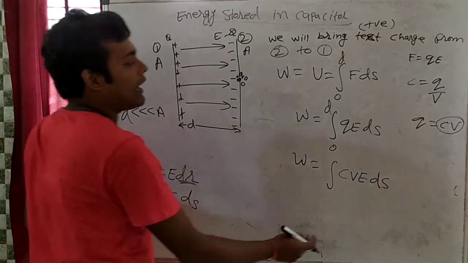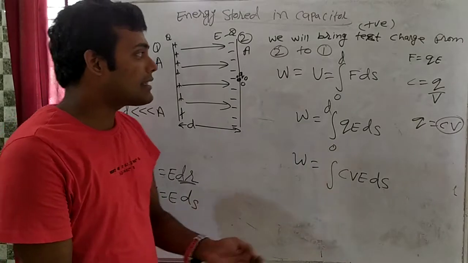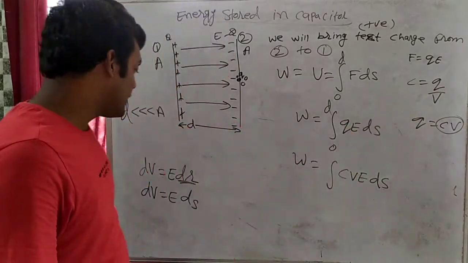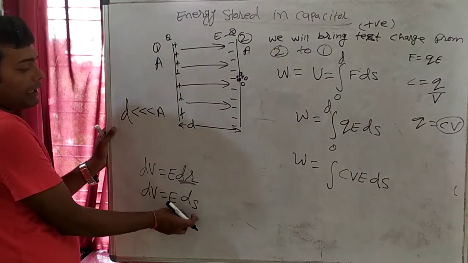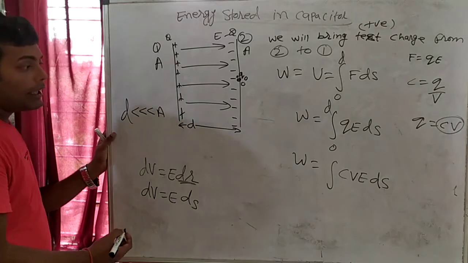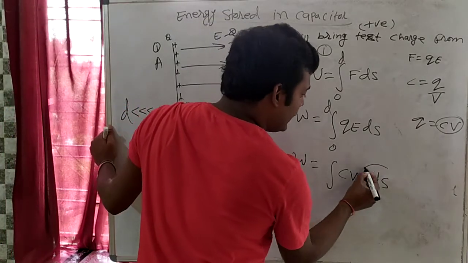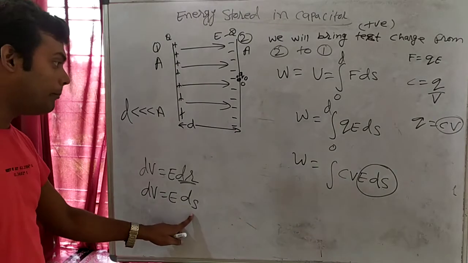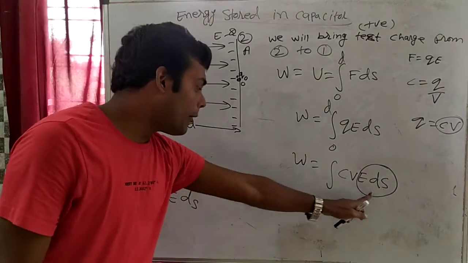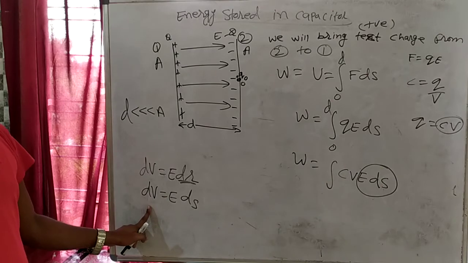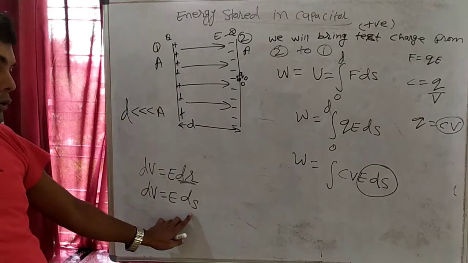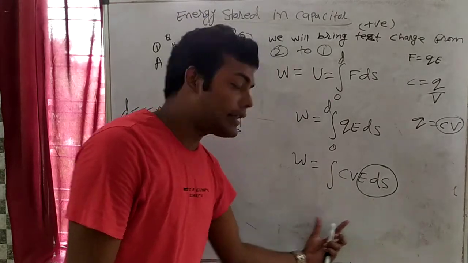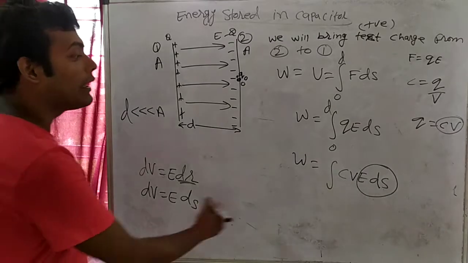Can you see E ds here? So in place of E ds, we can write dV.